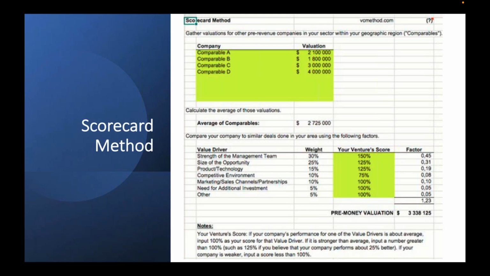Look at the management team, size of the opportunity, product, technology, et cetera, and then you weight those factors based on assumed importance, and you end up adjusting that average comparable value up or down depending on the relative strengths and weaknesses of the target. So that's just another example of a startup valuation method that obviously is fairly subjective, but somewhat grounded in market transactions involving similar stage funding events.